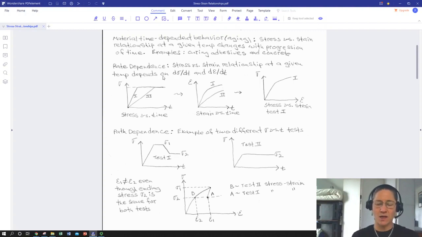If so, you'll be told something like on day one, you know that modulus, yield strength, etc. is X, and it follows some time-dependent aging. How would you expect it to behave 6 months into service? But you would have to know how the material properties change with time. So for the most part, you'll assume that you're evaluating something at a given time, and so changes with time aren't important.